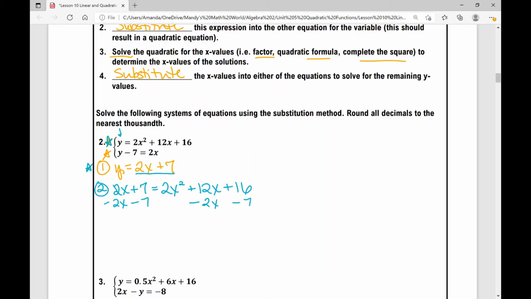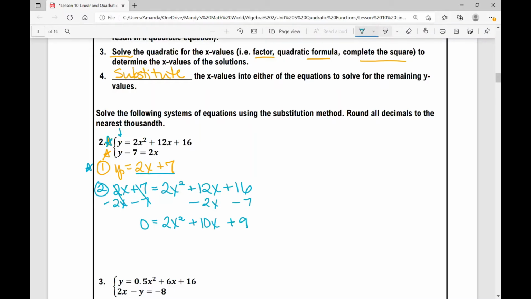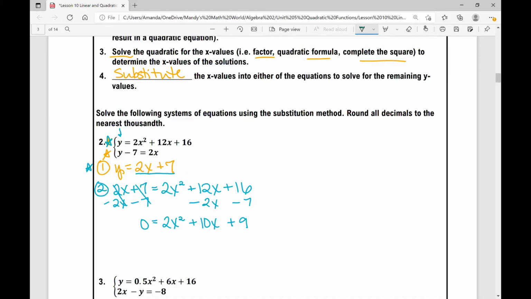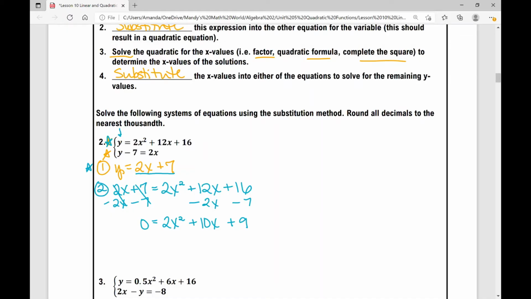When we do that, we get 0 equals 2x squared plus 10x plus 9. And in this situation, I am going to use the quadratic formula to solve, because this is actually not factorable.